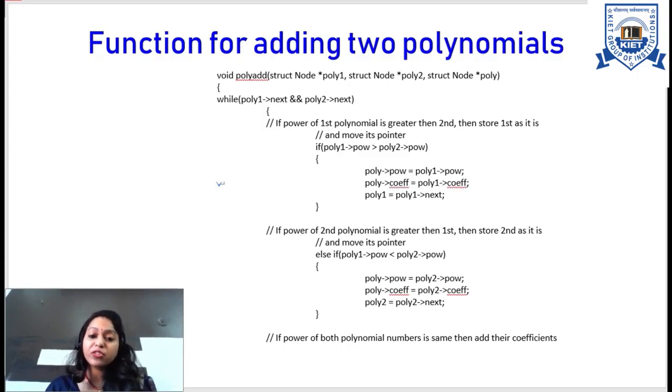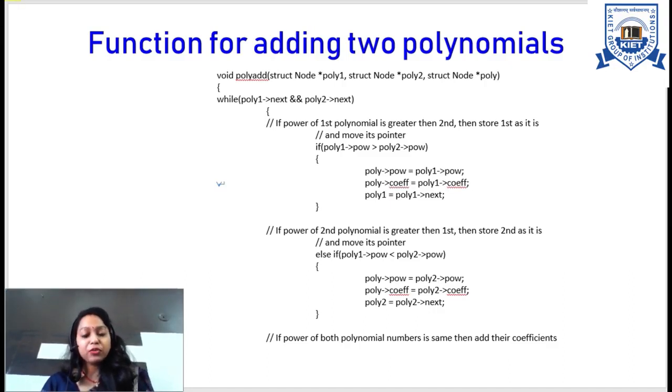If the first polynomial equation's exponent part, exponent means power, so we have compared the power, has the highest power as compared to the second, then we will copy the exponent and coefficient part of the first as it is into the resultant polynomial equation, and will move to the next term of the first polynomial equation.